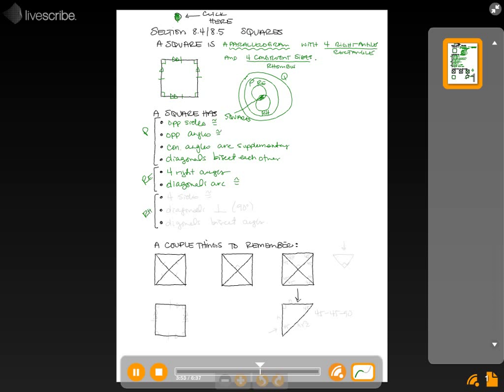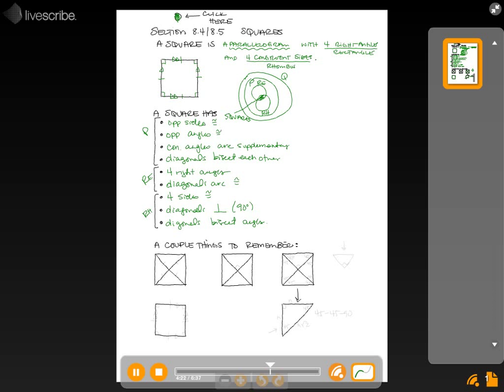For a rhombus, we said 4 sides were congruent. We also said diagonals perpendicular to each other. Means they make 90-degree angles. And then the diagonals bisect the angles. Okay? So all of this stuff applies to squares.